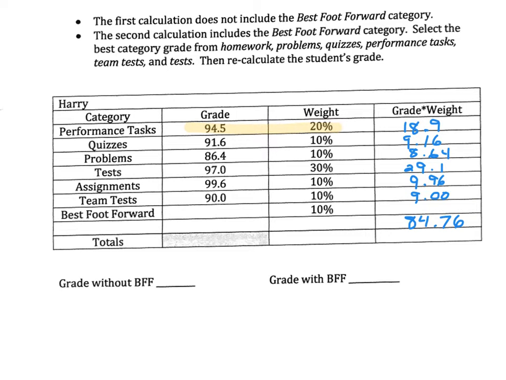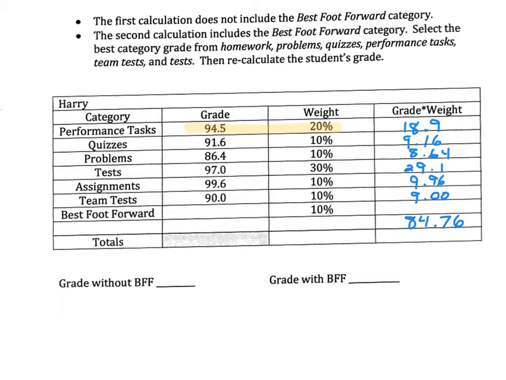That was the only grade in the book. And we took 94.5 times 0.2 and got 18.9. Well, we're not going to say that our score for the semester is an 18.9%. We have to divide that by the percentage that we have used in total, which is 20%.